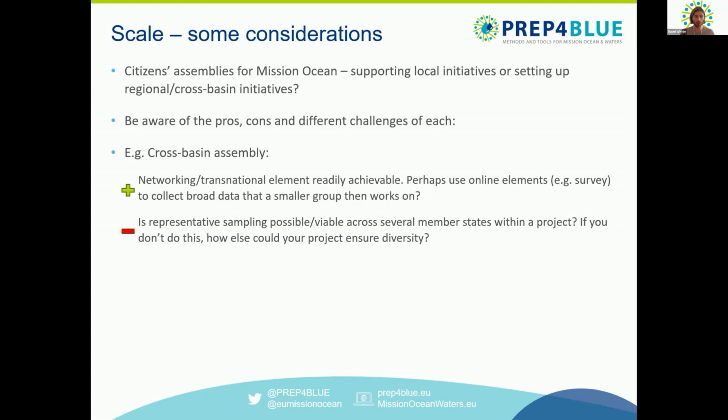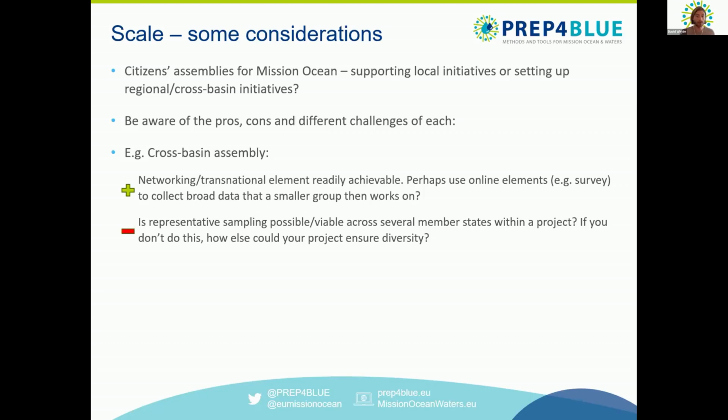Representative sampling is a way of guaranteeing diversity by using demographic data, in this case of Auckland, and picking the invitees based on that, so that the participants in an assembly are representative of the demographics of the society they're representing. In this case, it was Auckland. That's the best practice, a particularly strong way of guaranteeing diversity in participants.